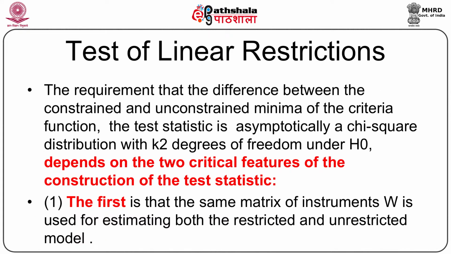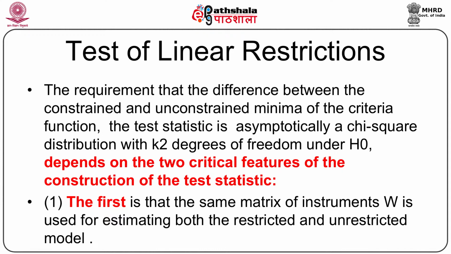The requirement that the difference between the constrained and unconstrained minimum of the criteria function is an asymptotically chi-square distributed test statistic with k2 degrees of freedom under H0 depends on two crucial features of the construction of the test statistic. That is, two sets of assumptions are very crucial for getting the result.